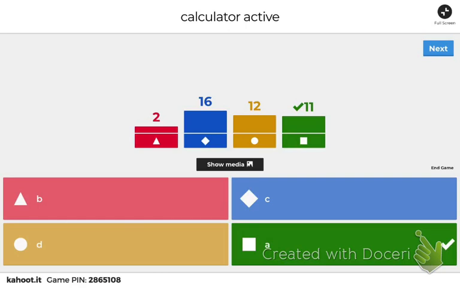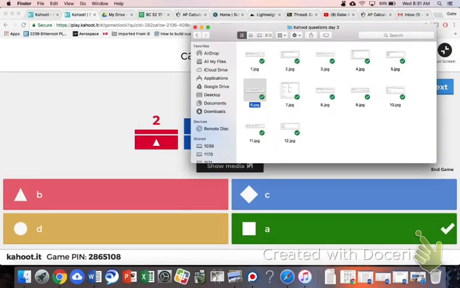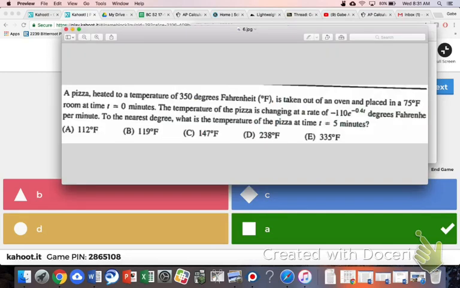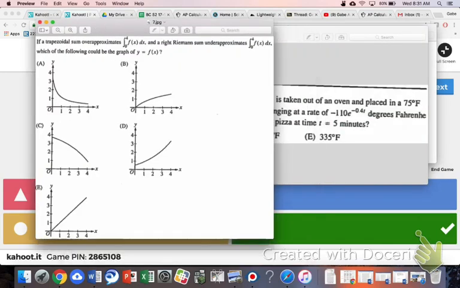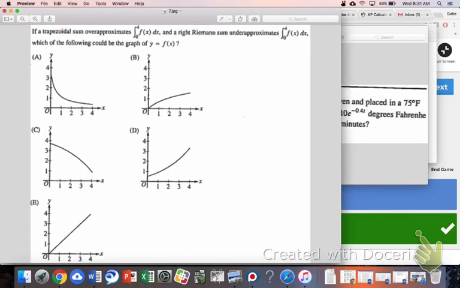Hey guys, was this a size of writing issue? Hey, you want to go over this one? Yes. Okay. Sorry about the small writing. This was 7. This would have been a little easier to read, huh? Okay.